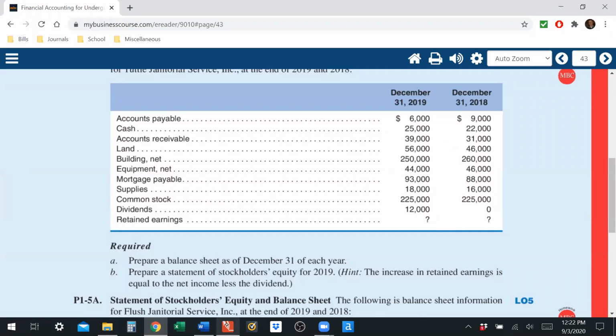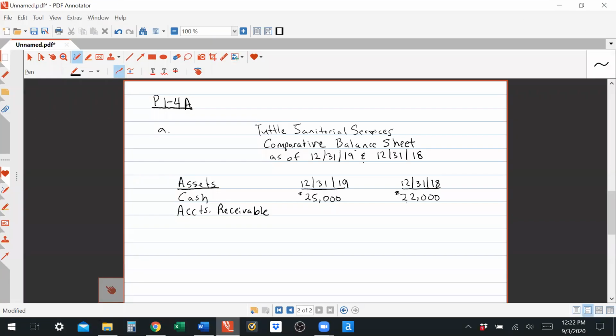Beginning and ending balances, 31,000, 39,000. We already have the dollar sign here, so we don't have to keep putting dollar signs. The user knows that it's in US dollars.